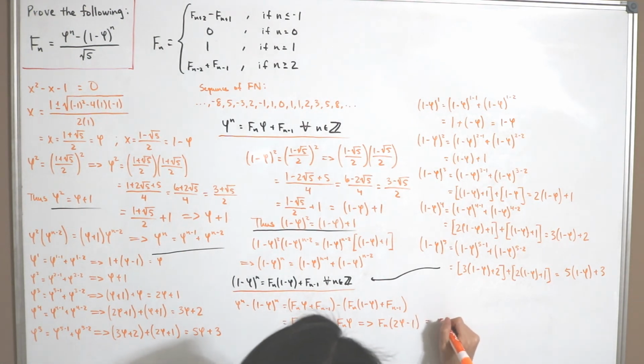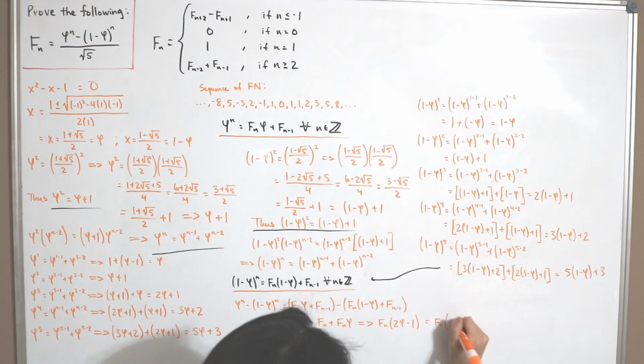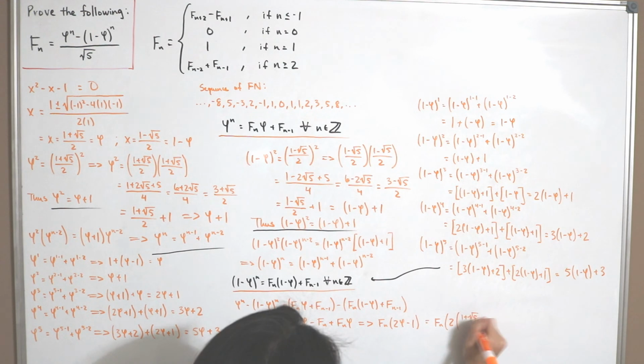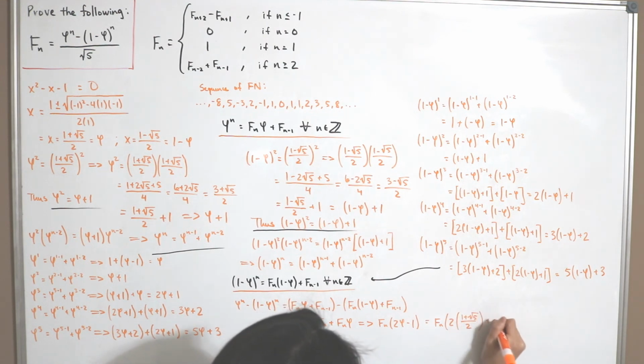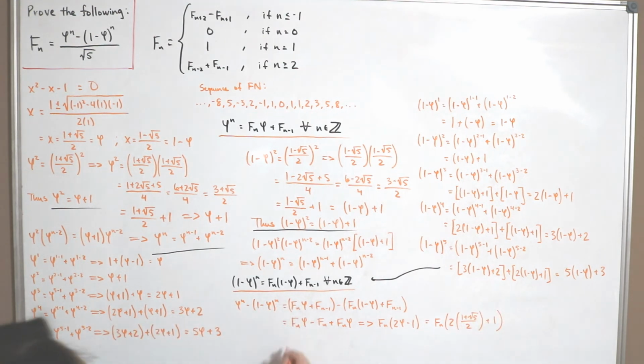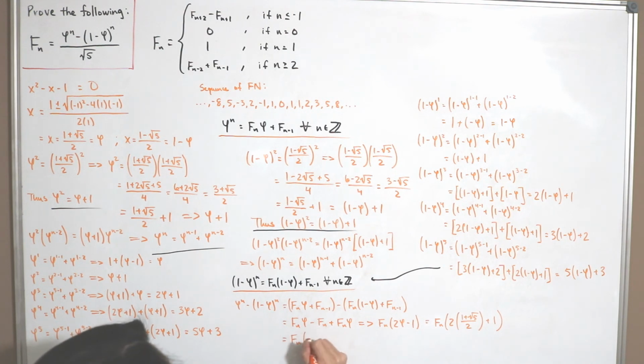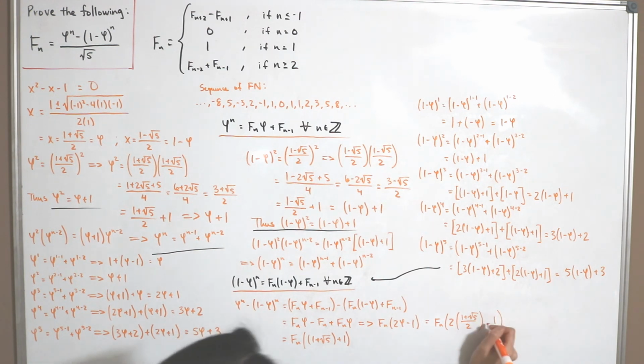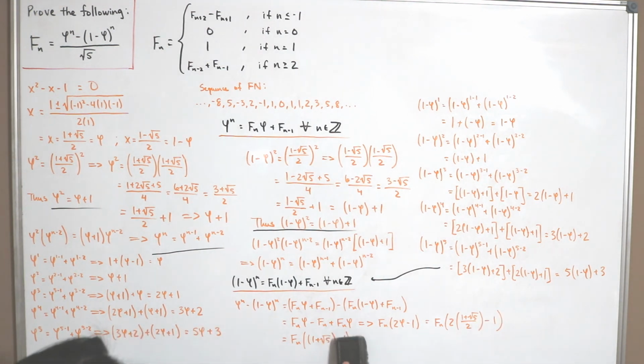So this means I have F sub n, then multiply with 2 times (1 plus square root of 5) divided by 2, minus 1. Then moving on to the next line, the 2's cancel, and so we're left with F sub n multiplied by (1 plus the square root of 5), then minus 1. Actually, that's supposed to be a minus 1. Apologies for that.